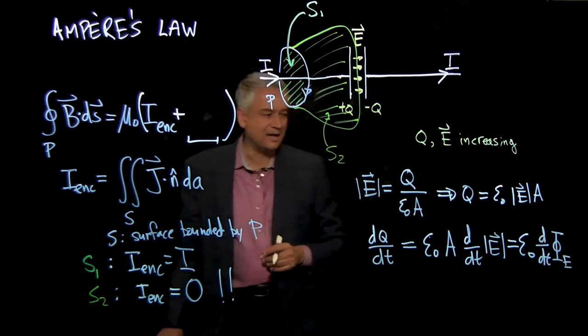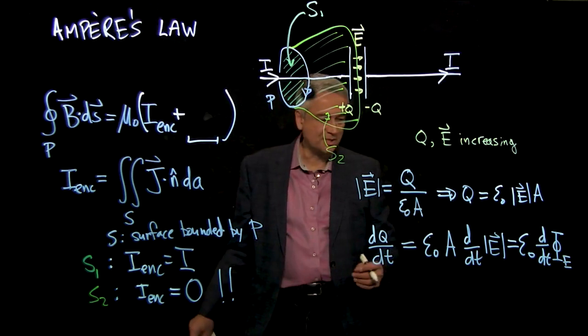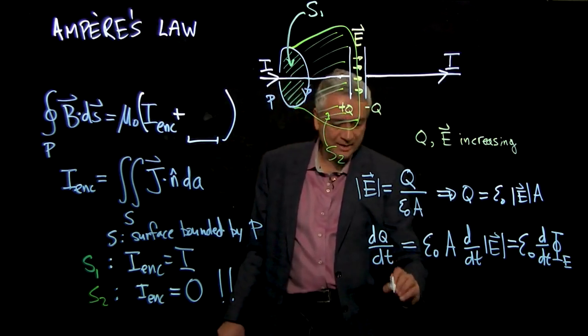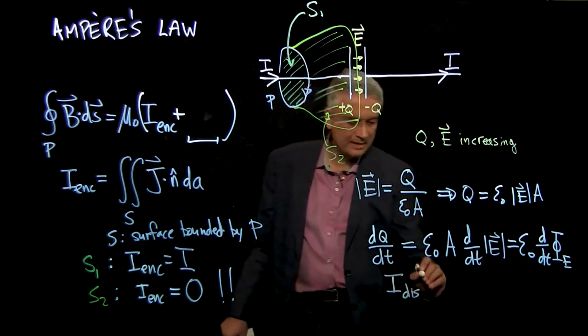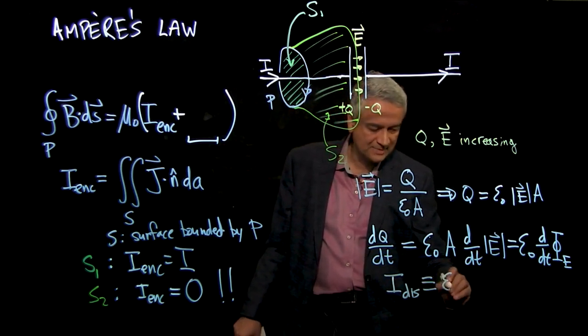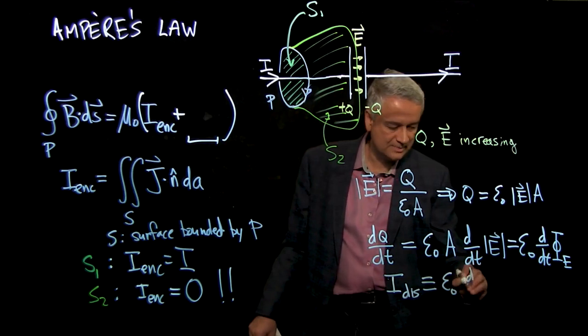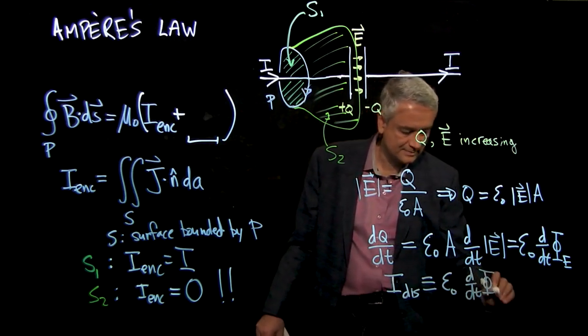So now I have all the pieces. I am going to define a new quantity called I_dis. My definition for I_dis is epsilon naught times d by dt of the electric flux.